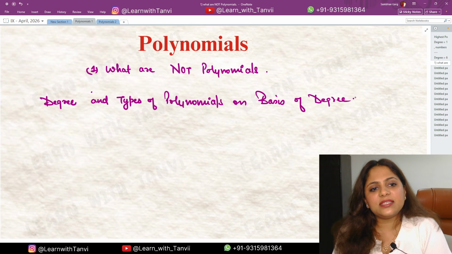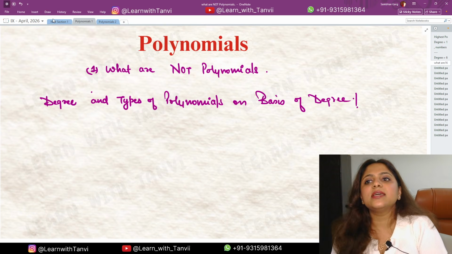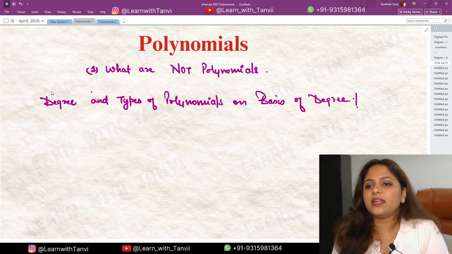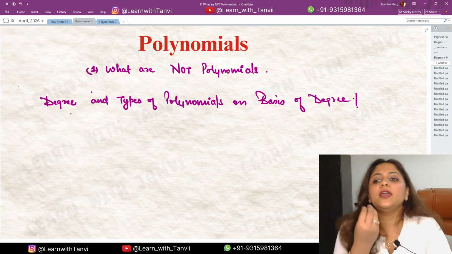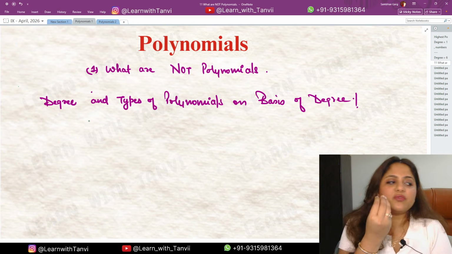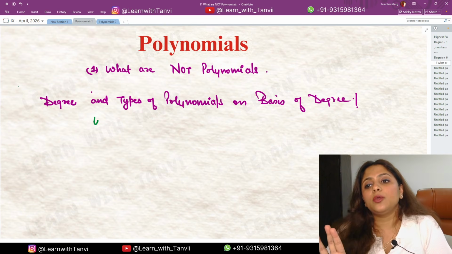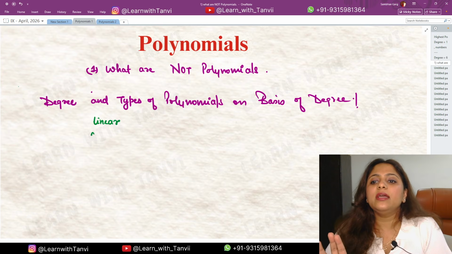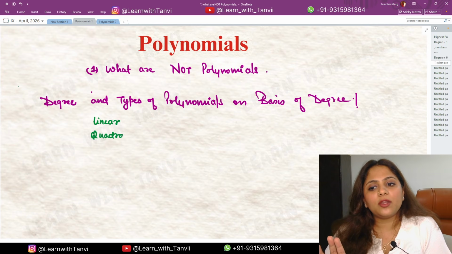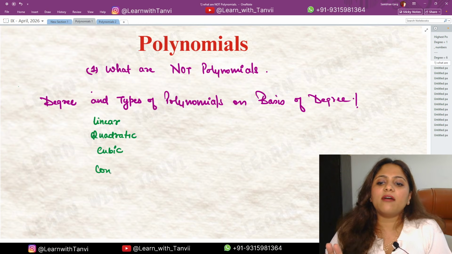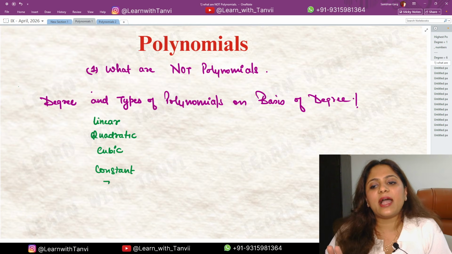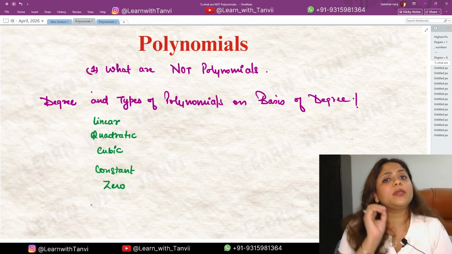This is the biggest takeaway from this exercise. So make sure that you know that you don't just have 3 types. How many types have we learned? We have learned 5 types. You have a linear polynomial, you have a quadratic polynomial, you have a cubic polynomial, you have a constant polynomial, and you have a zero polynomial as well.